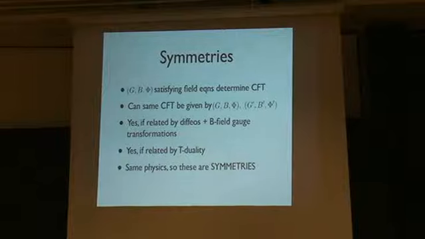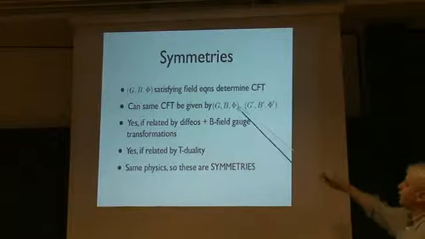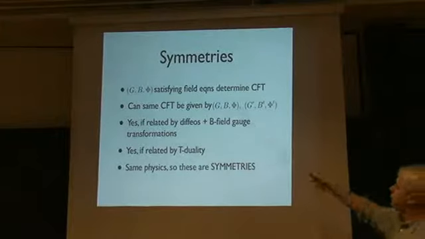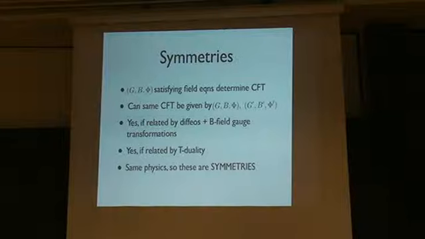We know that if you've got two Riemannian manifolds related by a diffeomorphism, then they are regarded as the same Riemannian manifold, and they're physically equivalent. Similarly, if B and B prime are related by a B field gauge transformation, B is a 2-form, so if they differ by something which is d of a 1-form, then that's a gauge symmetry of the theory, and these would determine the same theory.